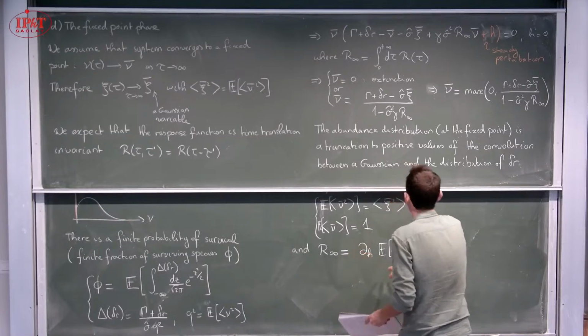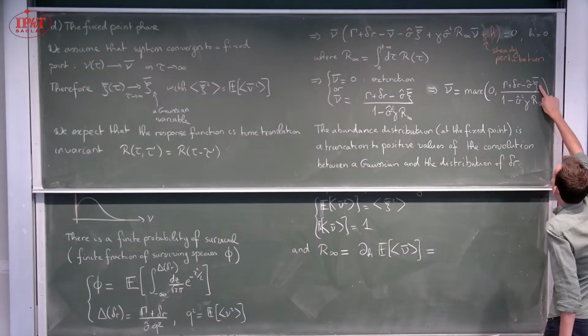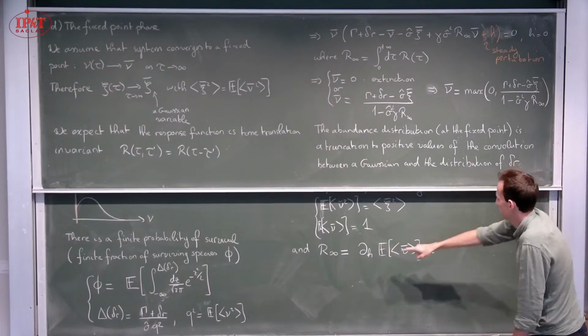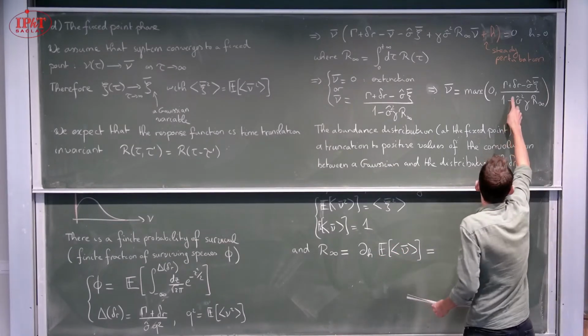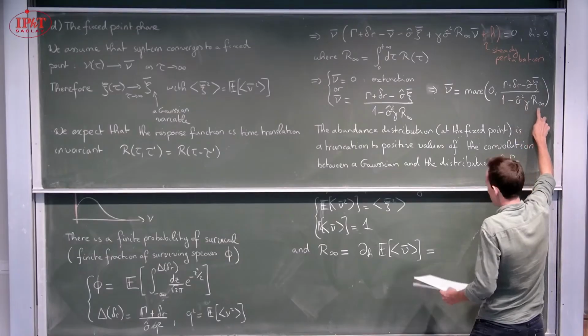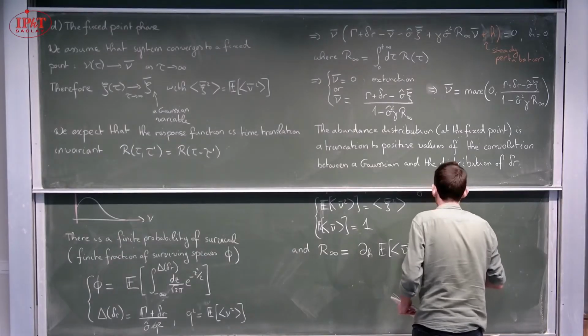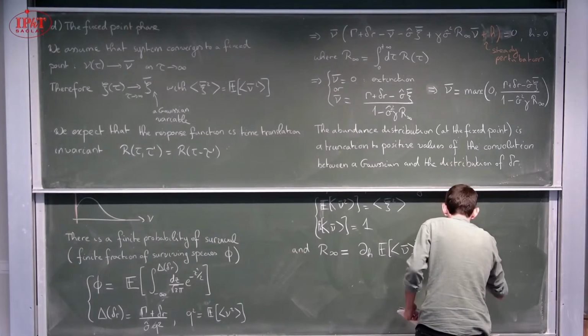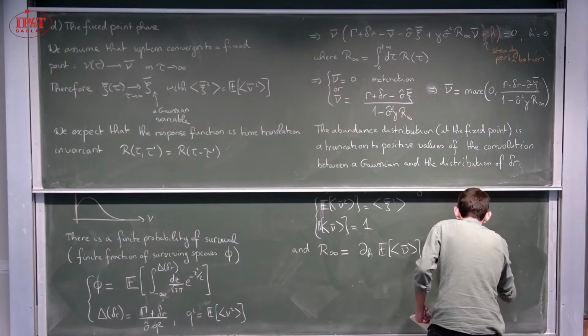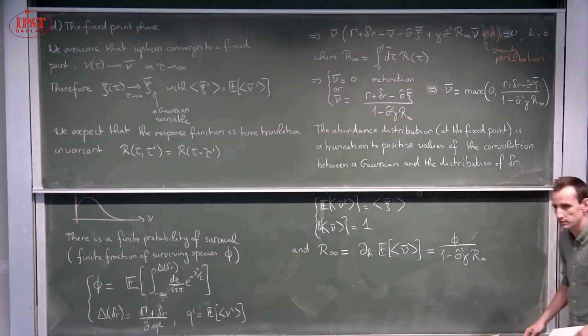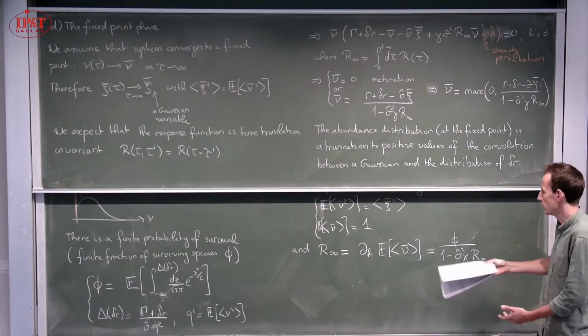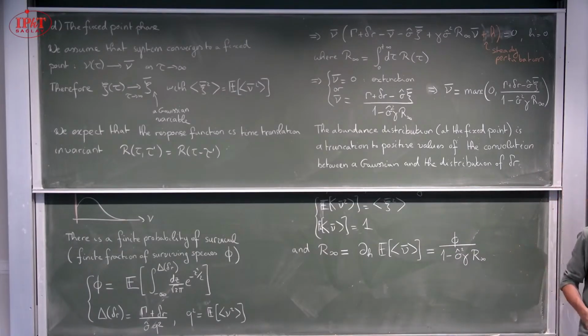And once you write this equation, you just add an h here, and you differentiate with respect to h. You get 1 minus sigma squared gamma R infinity, but only for the surviving species. So this is the equation that you get. And I'm writing it explicitly because I'll use it afterwards. So you have this set of three nonlinear equations, three parameters to compute. You can solve it numerically. And you've completely characterized the fixed point.